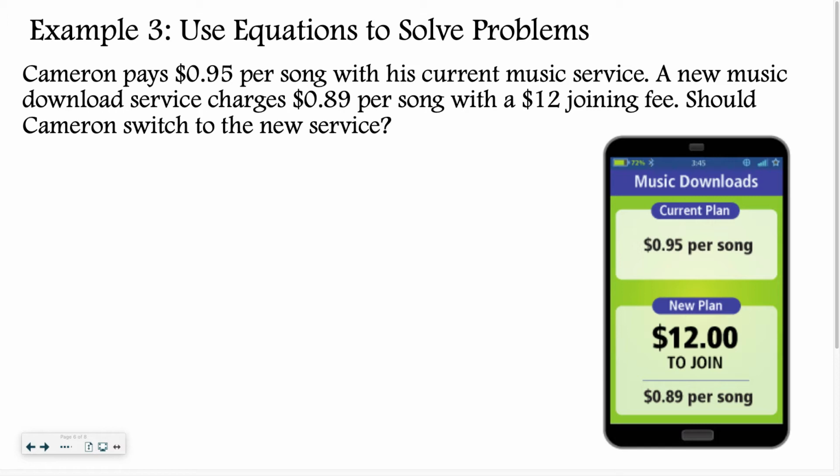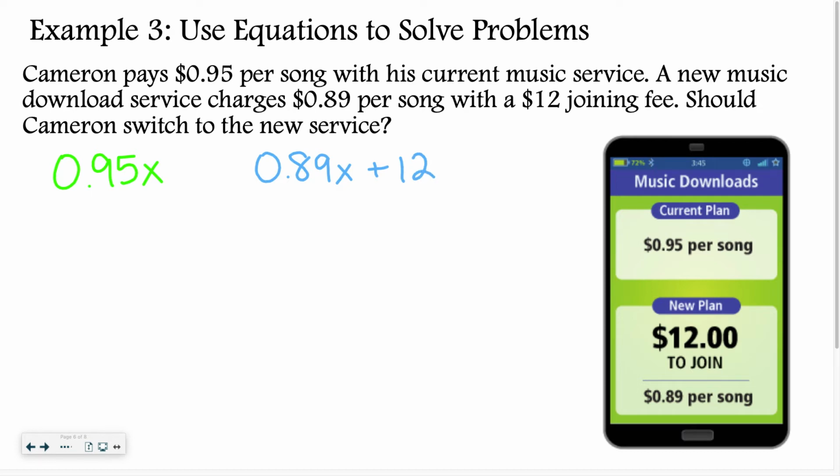So we know Cameron pays 95 cents per song, right? So I'm going to represent that with 95 times x because I don't know how many songs he has. And then if he were to switch to the other service, he would do 89 cents times however many songs he purchases, plus no matter what, he has to pay that $12 joining fee.